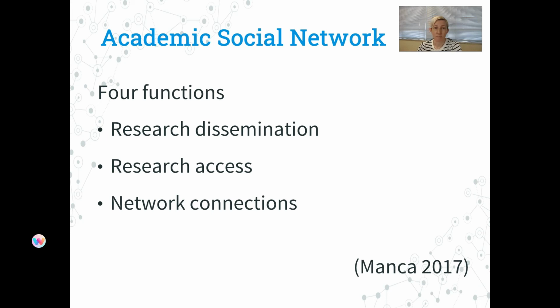Networking, of course, is really important. It's in the name, academic social network. As we engage in an academic social network, and depending on what we share and what research we look at, we are also given, using the algorithms, access to information about other research, and we can see other researchers. We can connect with them in different ways. That might be through commenting on their work.